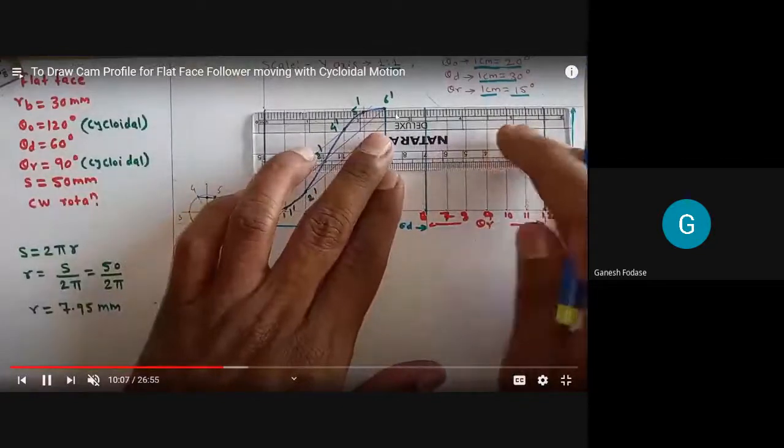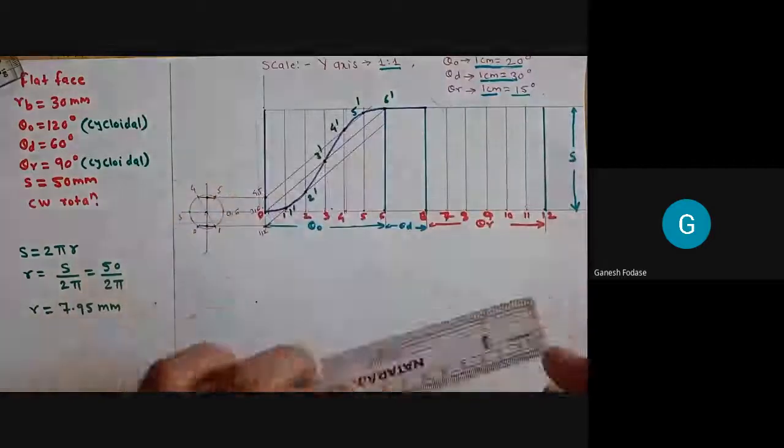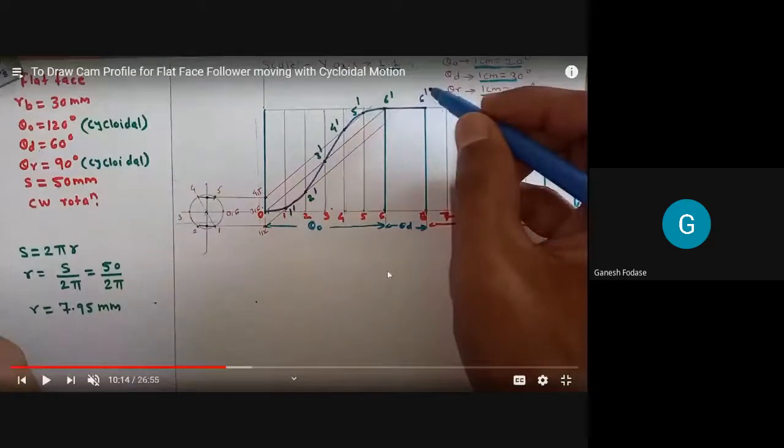So here it is 6. You can see this is on a dwell period. Now tell me, after 6 dash, 5 dash. So 5 dash is in which point on the return stroke, the corresponding point? Means as per the procedure, 7 dash.